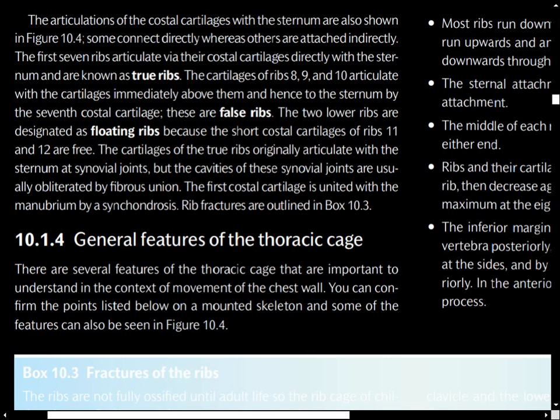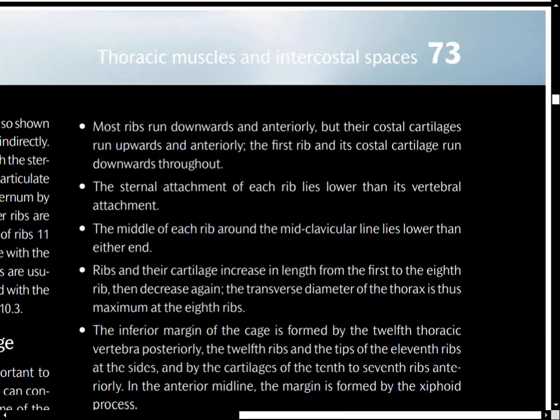General features of the thoracic cage. There are several features of the thoracic cage that are important to understand in the context of movement of the chest wall. You can confirm the points listed below on a mounted skeleton. Most ribs run downwards and anteriorly, but their costal cartilages run upward and anteriorly.